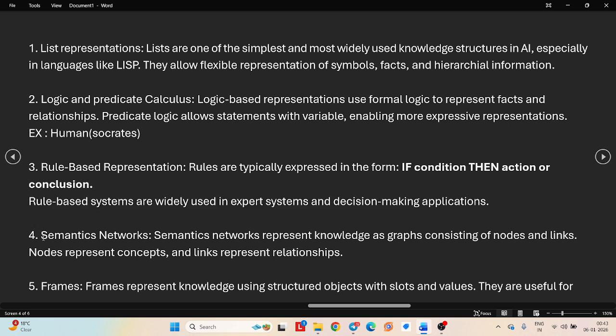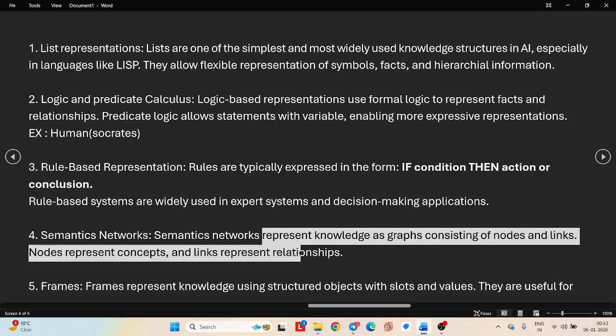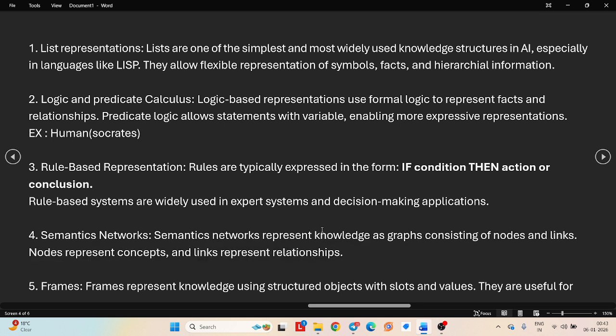Then we have semantic networks. This network represents knowledge as a graph consisting of nodes and links. Nodes represent concepts and links represent relations. Frames represent knowledge using structured objects with slots and values.